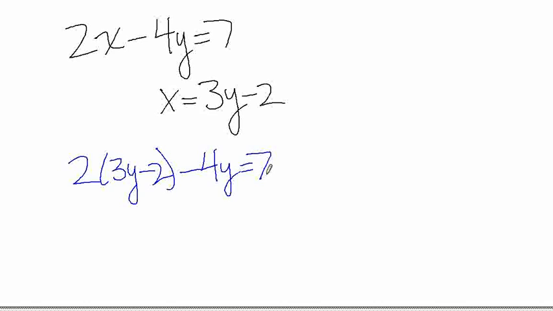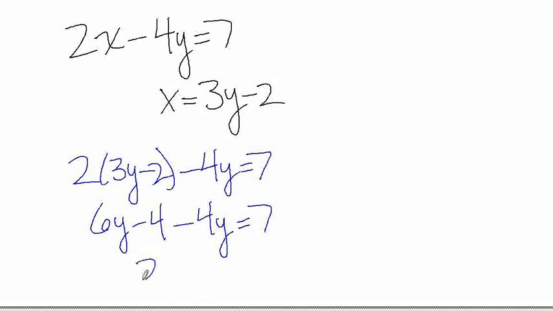Now I have a single equation in a single variable, namely y, and so I could now solve for y. So 6y minus 4 minus 4y equals 7. So adding 4 to both sides and combining the two terms containing y, I get 2y equals 11. So y is equal to 11 over 2. I determined that by dividing both sides by 2.